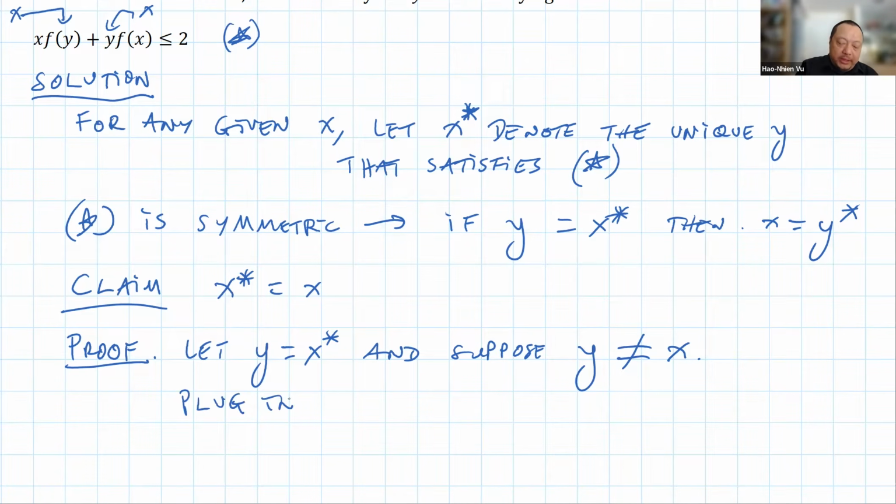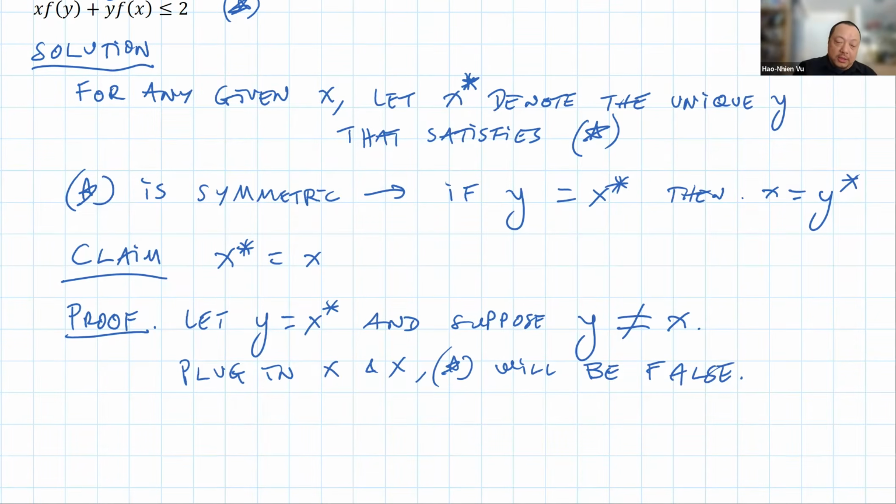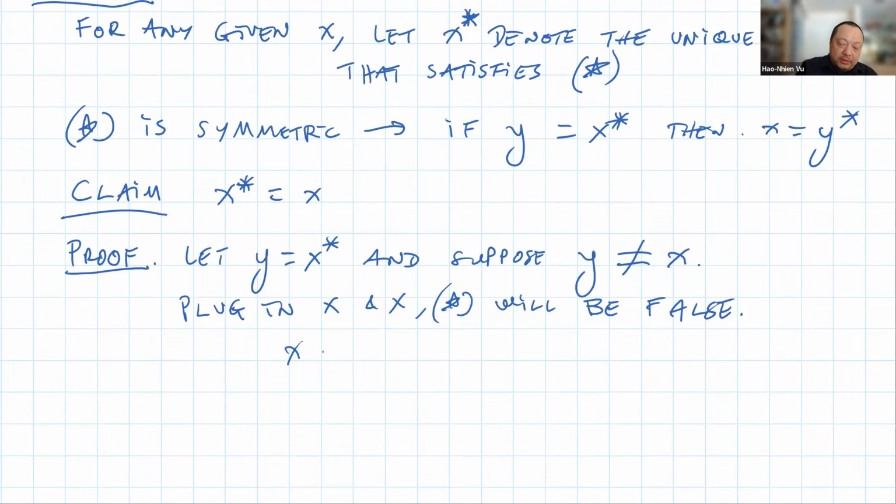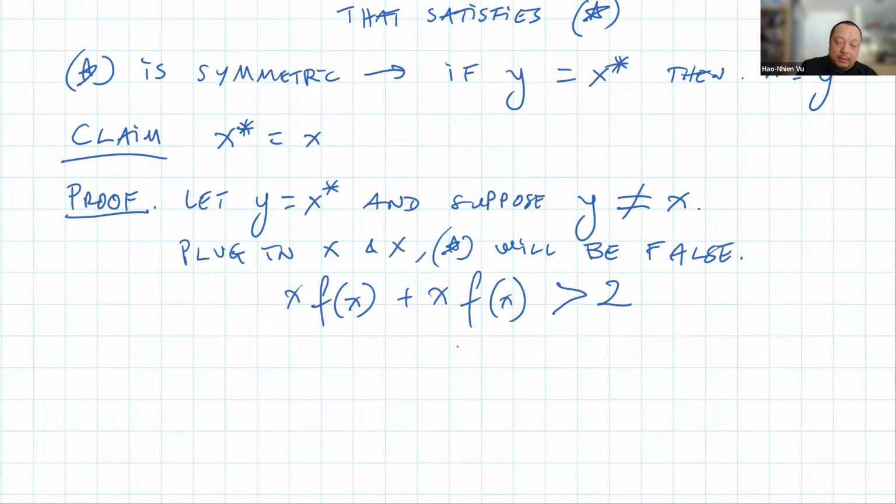So if I plug in x and x, the inequality will be false. That means x f(x) plus x f(x) is not going to be less than or equal to 2. It's going to be greater than 2. That means x f(x) is going to be greater than 1.